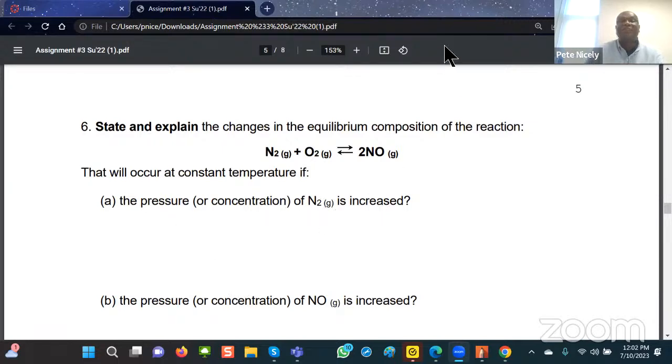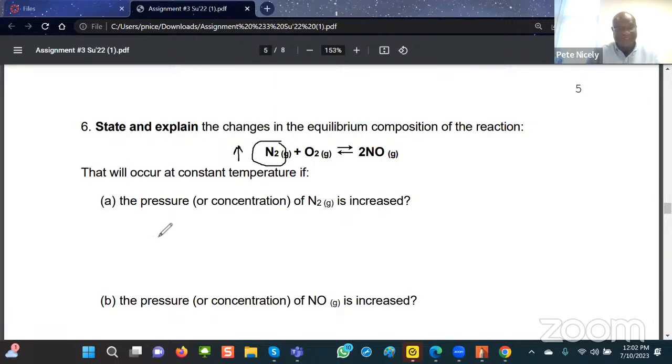So what they're saying is that you are increasing the concentration of nitrogen. So the question is, you're to state what change will take place. Basically what they're asking for is the direction of the shift.